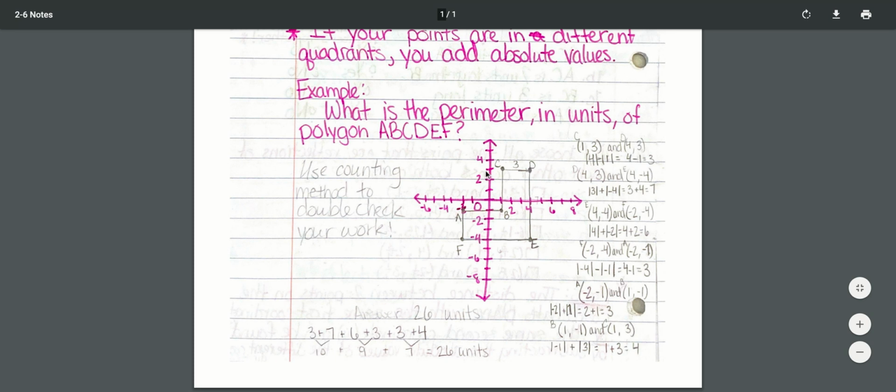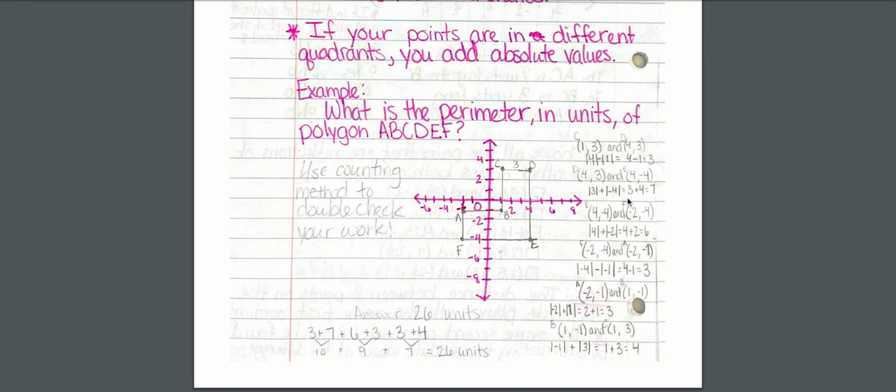The y coordinate for D is 3, and the y coordinate for E is negative 4. So that's why we did the absolute value of 3 plus the absolute value of negative 4, which is 3 plus 4, which equals 7.